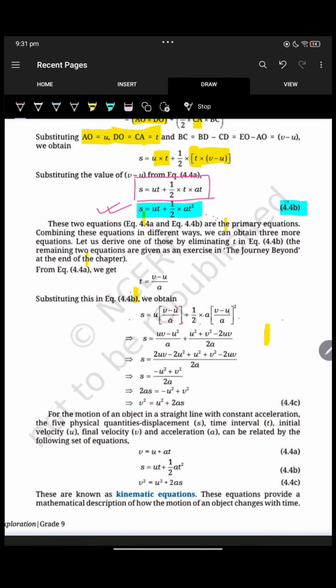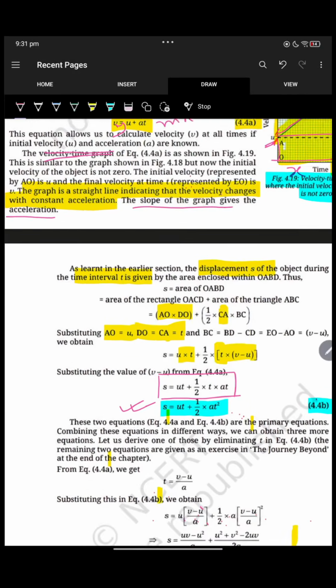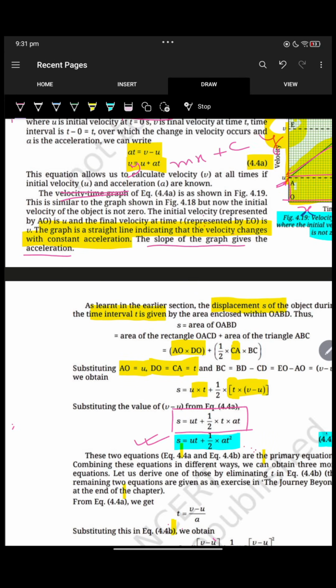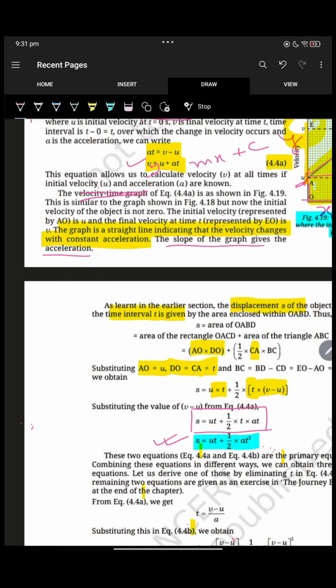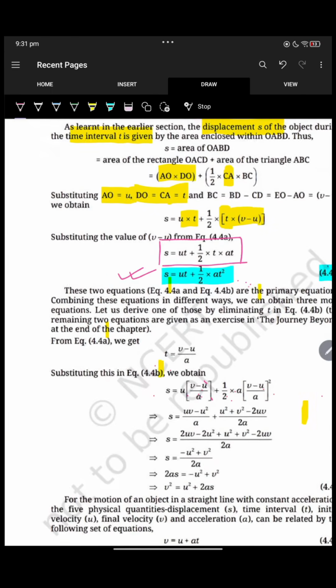Like from the first one, we saw V is equal to U plus AT.